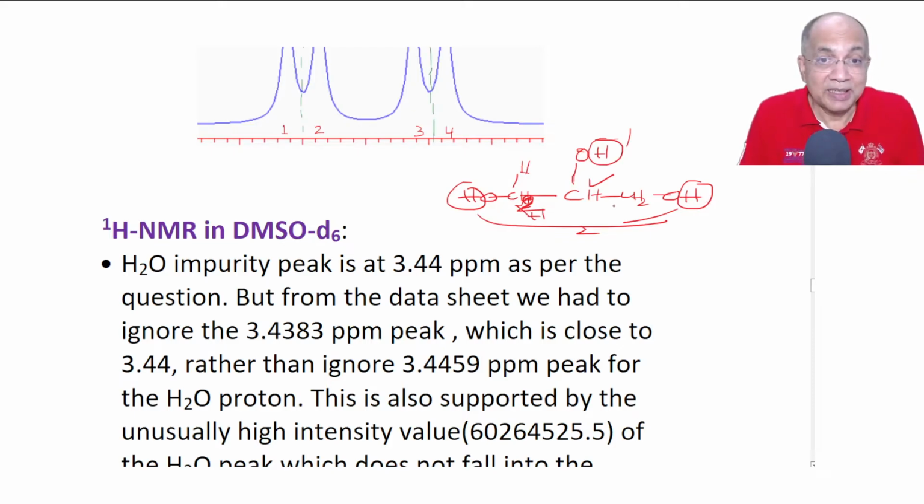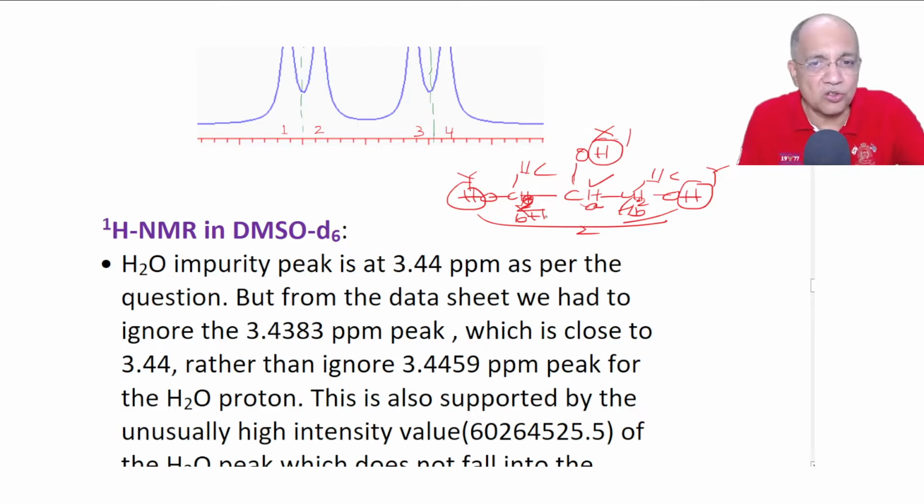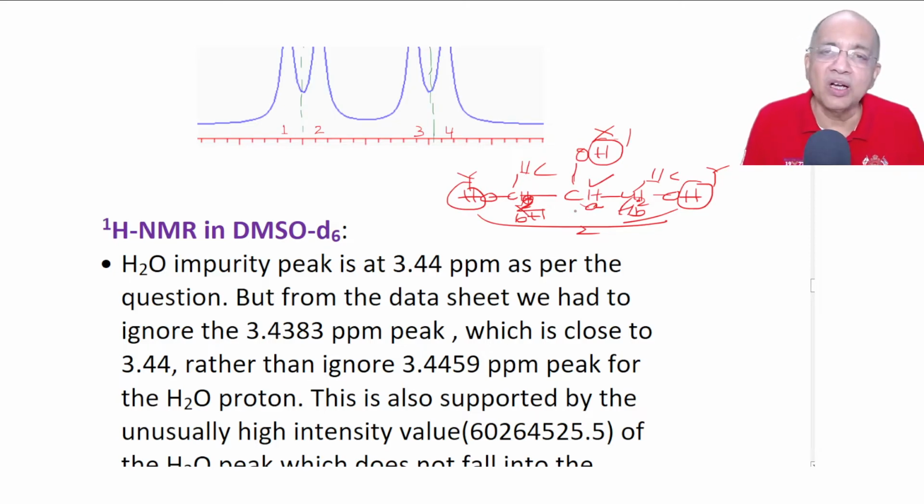But the A proton, this is the A proton, this is B, B, C, C, and this is supposing X, and this is Y, Y. And the question also has given these letters A, B, C, X, Y. Now this A will no longer be a TT.